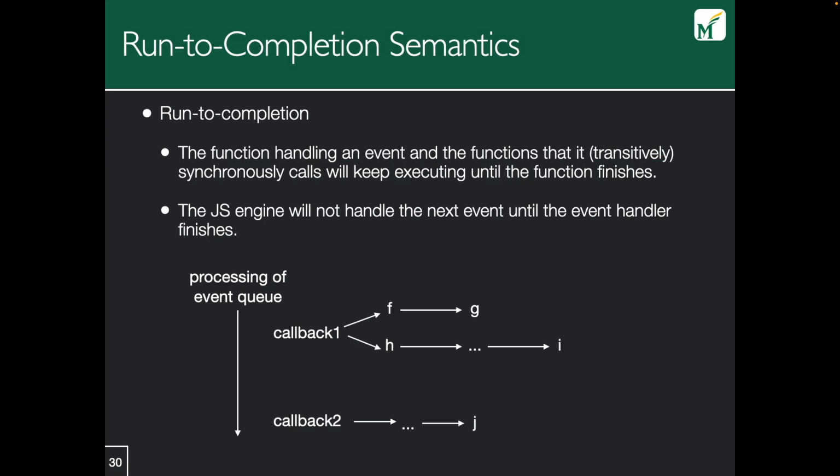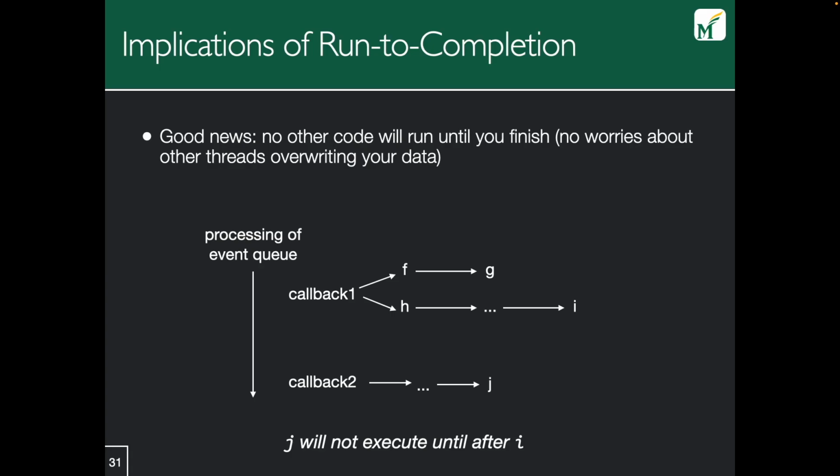What we need to know here is that j is never going to execute until after i finishes. Even though we might have multiple callbacks within this function, the next one is never going to process until the previous one has finished, because of the run to completion semantics of JavaScript.